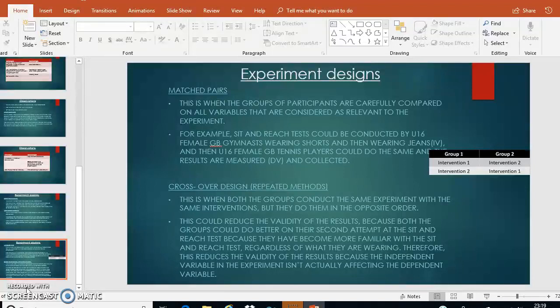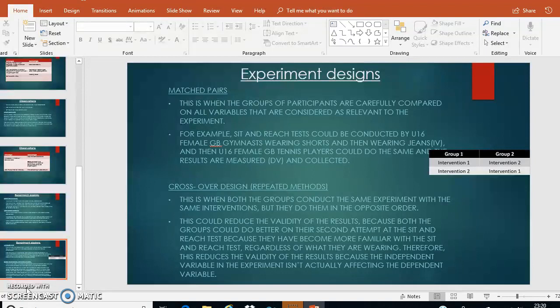So both these sports, they're the same age, they're both female, both national standard, and both sports are highly linked to flexibility. So these two groups are very, very matched, and all variables linked to the experiment are matched. So this time the results are likely to be a lot more repeatable between the two different groups. So this is a much more reliable experiment design.